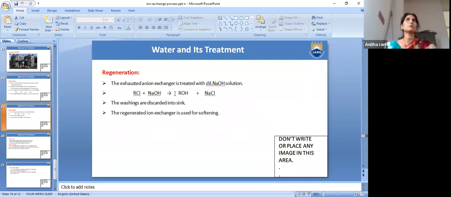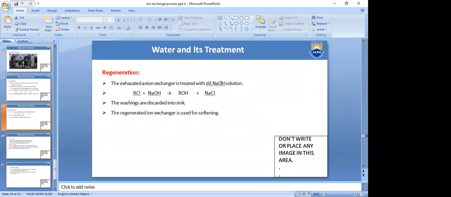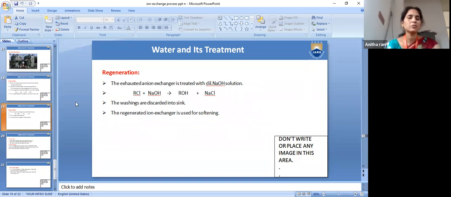Why are we using dilute NaOH? To regenerate the anion exchanger bed. So it is compulsory to regenerate the cation exchanger bed and anion exchanger bed. Then we can use them again for softening of the water.